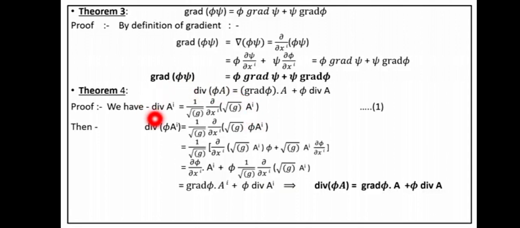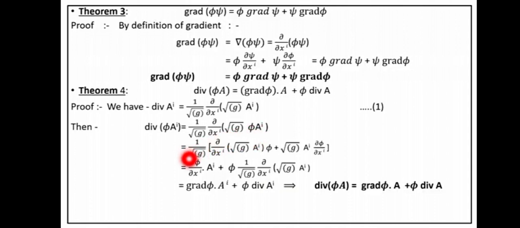We have already proved this in theorem first. So in place of a^i we write φa^i, and then we get the divergence of φa^i equal to 1 upon root g ∂/∂xi of (root g φ a^i).